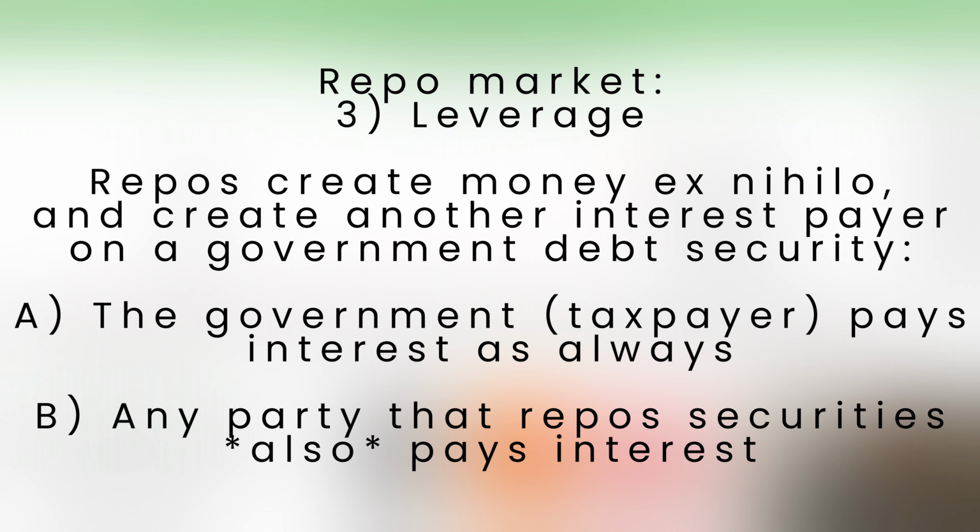But then in the repo market, the actual owner of that bond, the entity that was supposed to receive interest from the government, is loaning that security forward, still in the form of this repo sale and buyback methodology. Basically, what they are doing is leveraging it further.